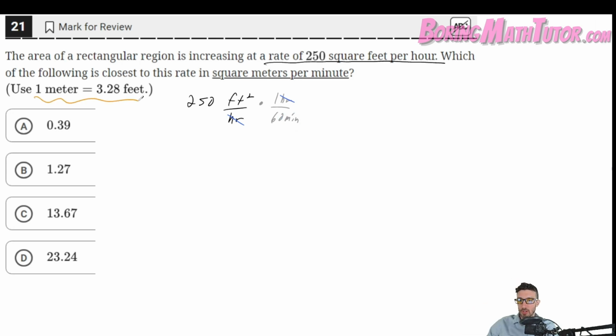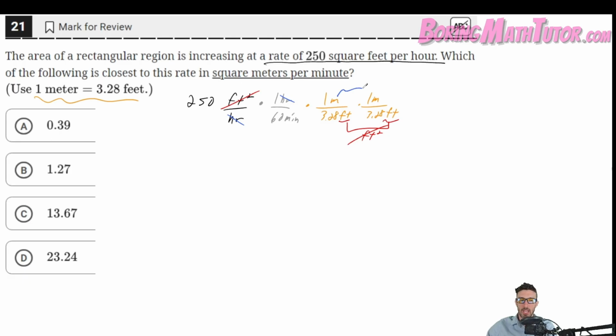Okay, so what's the trick? Well, they actually are telling you that 1 meter is about 3.28 feet. So if I want to cancel out the feet, I kind of want to put that on the bottom, 3.28 feet. And I want to put the 1 meter up top. But is this going to do it? Well, no. In fact, what I still need to do is put another one of these. Or I could have squared it, whatever you like. But if I put another one, now feet times feet is feet squared, which means that that is going to cancel out with the feet squared right there.